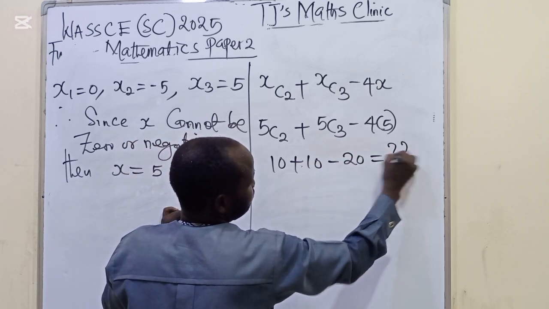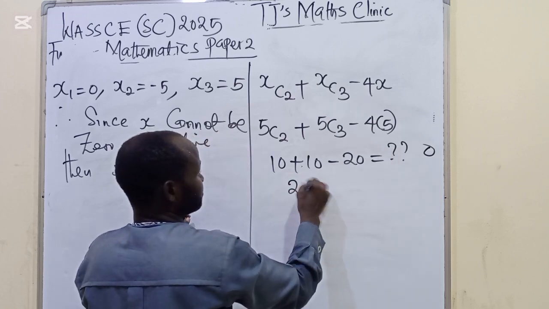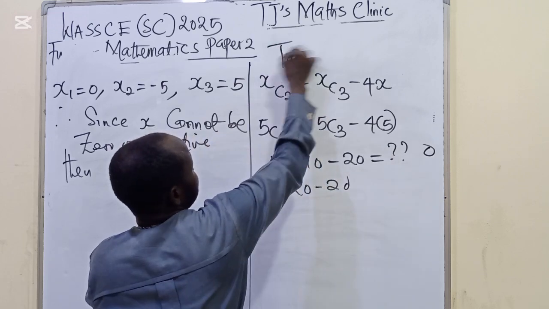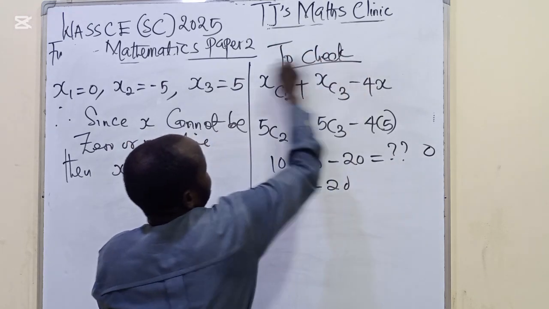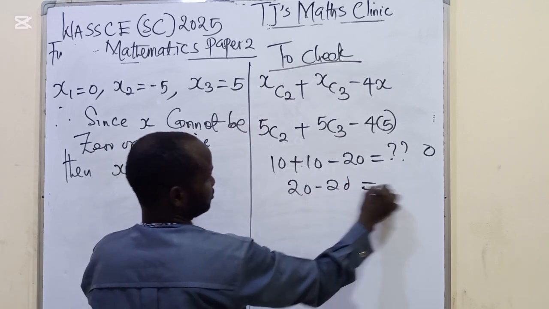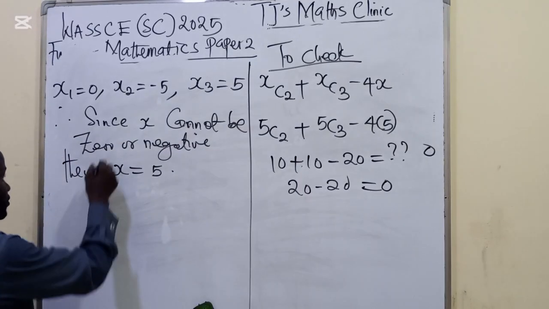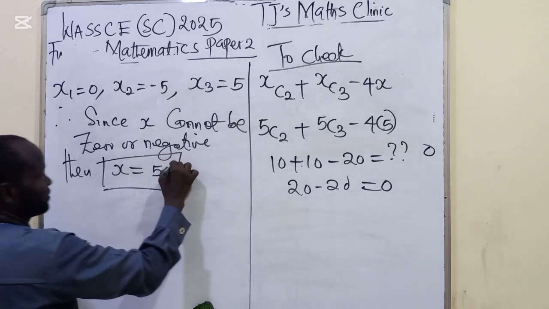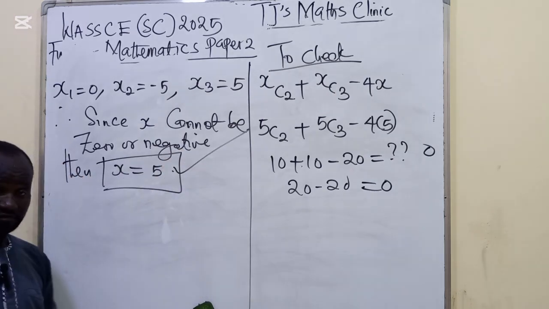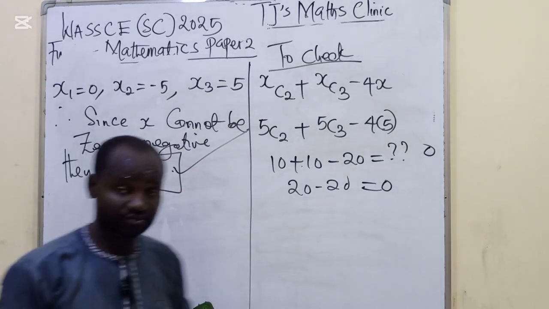Is it equal to 0? That is 20 minus 20, which equals 0. The left hand side is equal to the right hand side. Truly, the value of x that satisfies this is nothing but 5. So this is the solution to this question.